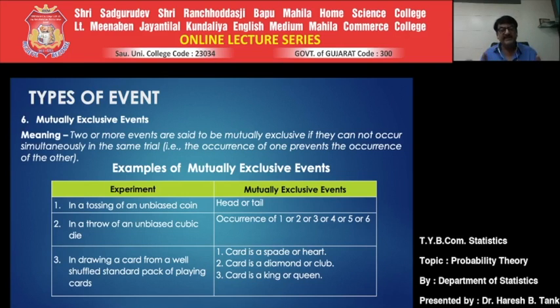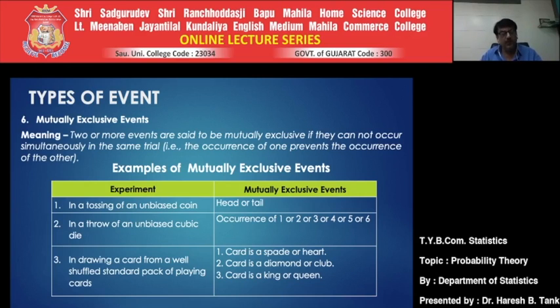Among these 26, again there is sub-classification. 13 of the cards are of type spade, 13 cards are of the type heart, 13 cards are of the type diamond, and 13 are the cards of type club.